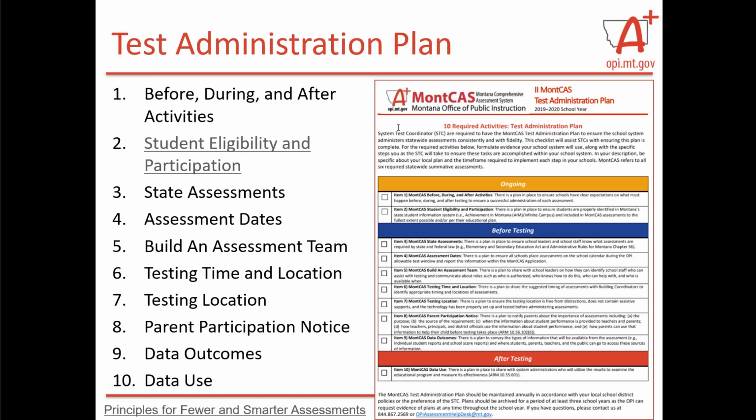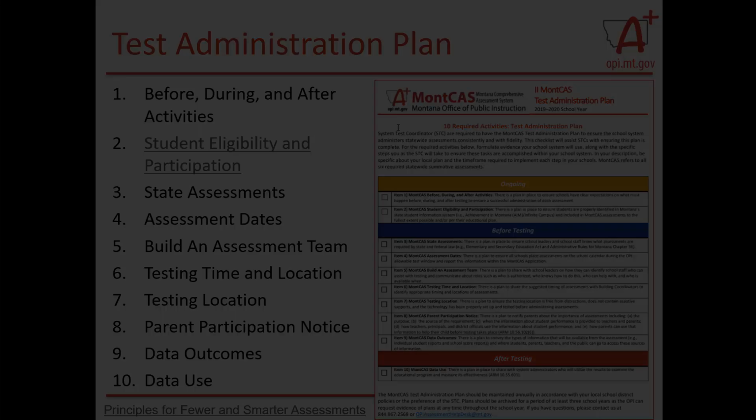Ultimately, the plan ensures schools have clear expectations on what must happen before, during, and after testing to ensure a successful administration of each assessment, and that everyone is knowledgeable of what assessments are required by state and federal law and how these data are actually used in the educational system.